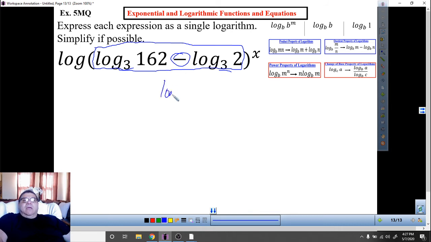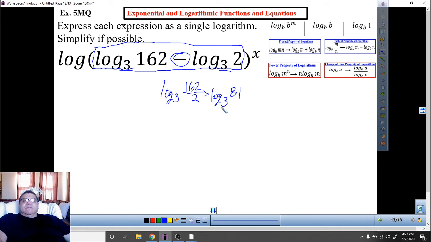This is log 3, and we have 162 divided by 2. So this becomes, let's see, 162 divided by 2. This is log 3, 81. Okay, so question.